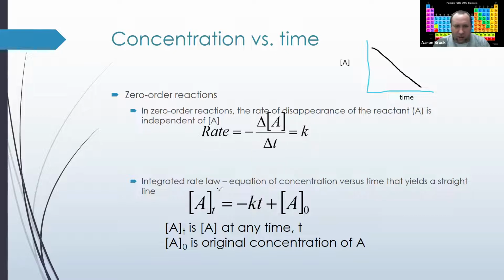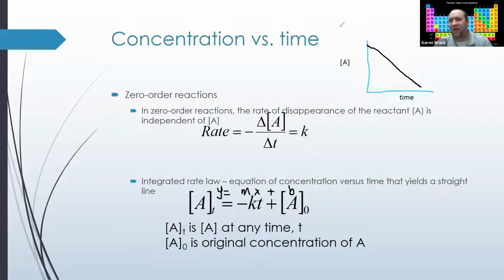The equation of the line in slope-intercept form is just like that, where Y is the concentration of the reactant at any moment in time, M is the opposite of the rate constant, T is the time itself, and the y-intercept here is our initial concentration of the reactant.